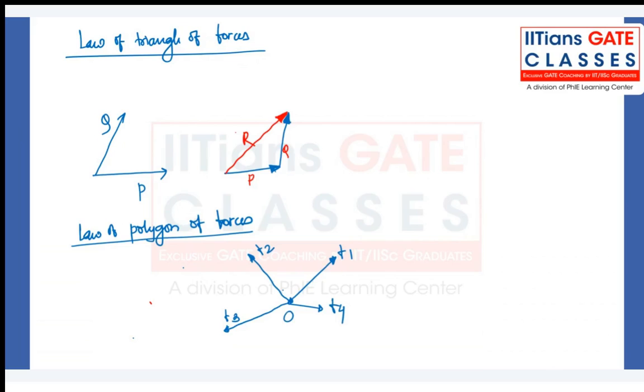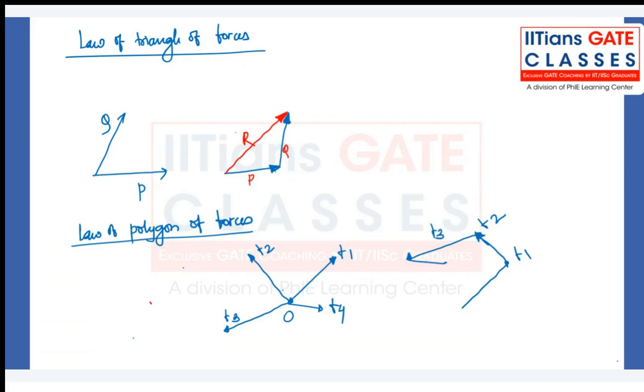So F1 is in this direction, F2 will be in this direction, F3 will be somewhere like this, right? A little bit longer, F3, and F4 is something like this, a little bit shorter.